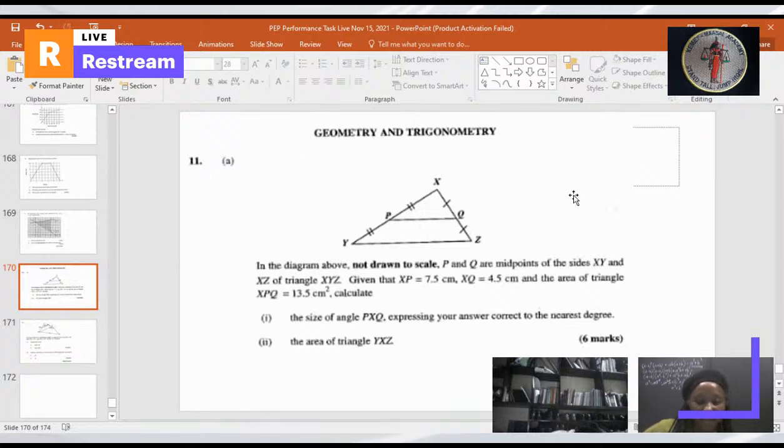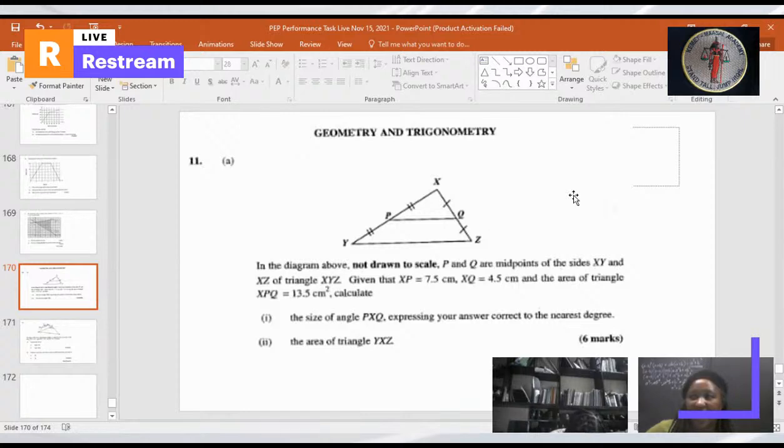So half times 7.5 times 4.5 times the sine of theta would give 13.5. And then we'll work out the ones that we know already. So half times 7.5 times 4.5. Divide the 13.5 by that.